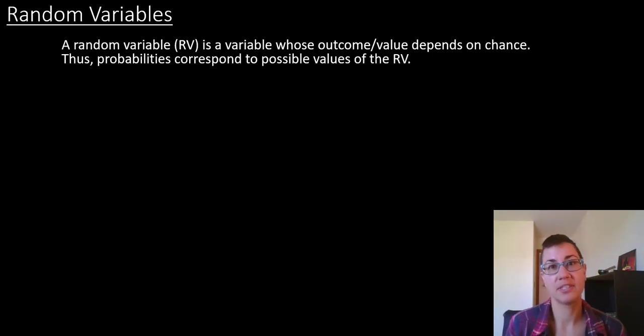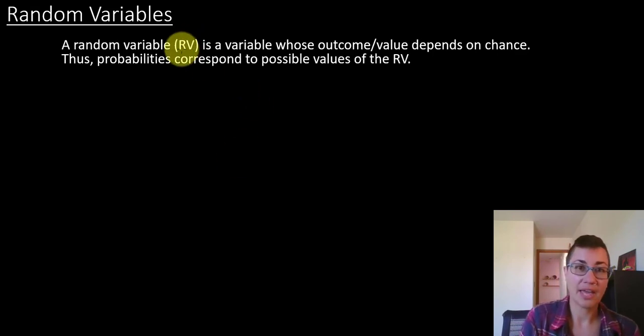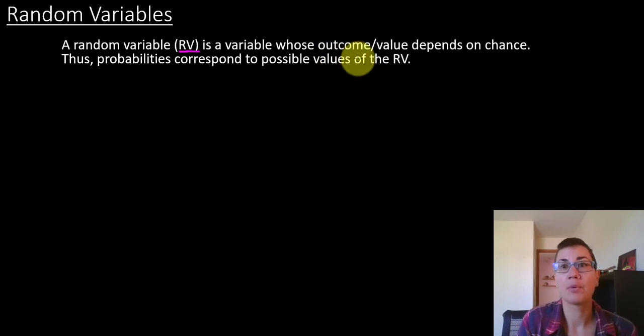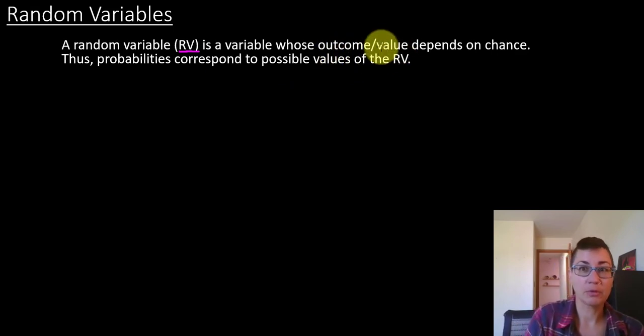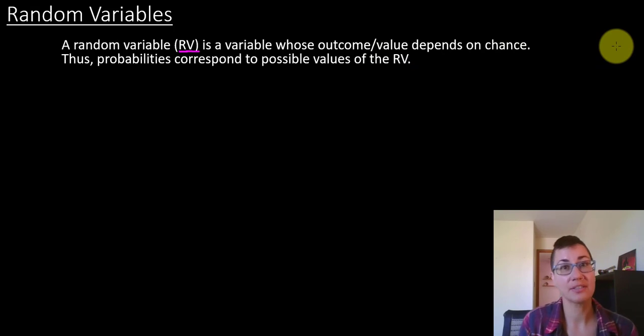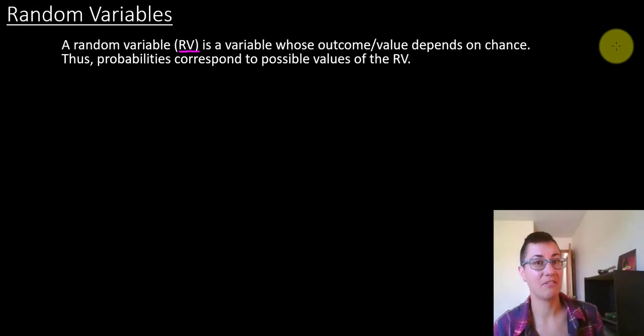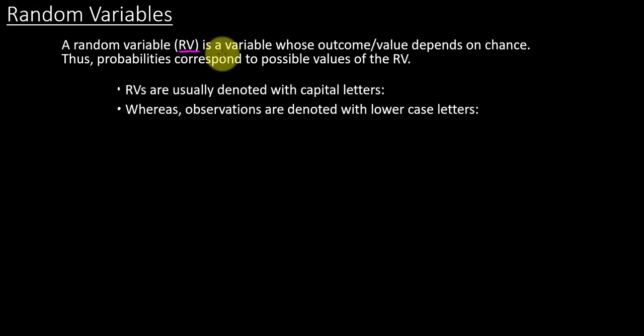We can also consider them as random variables. What we mean by that is that the outcome or the value of a variable depends on chance. Therefore, there can be probabilities associated with the possible values of the random variable.